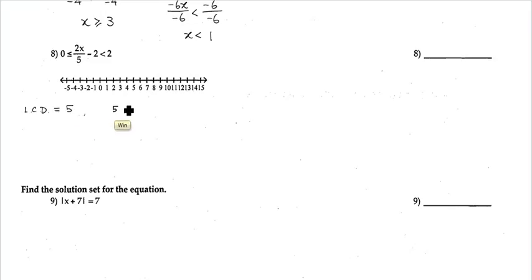We have 5 times 0 less than or equals to 5 times (2x over 5 minus 2), less than 5 times 2. So on the left side, what would that be? 0, less than or equals to. And in the middle, I have to distribute the 5. So 5 times 2x over 5, that will give me 2x.